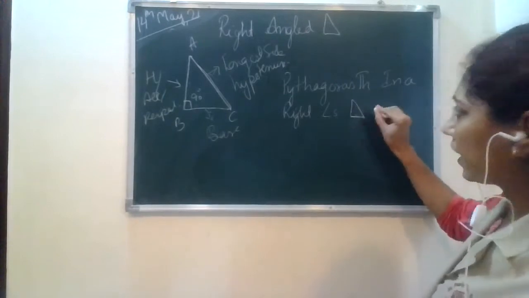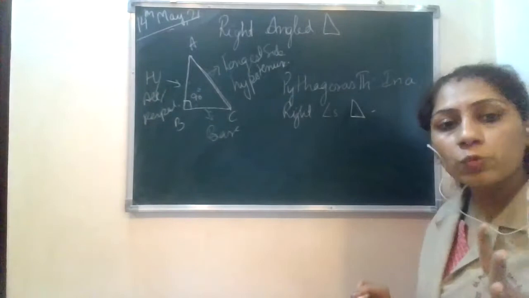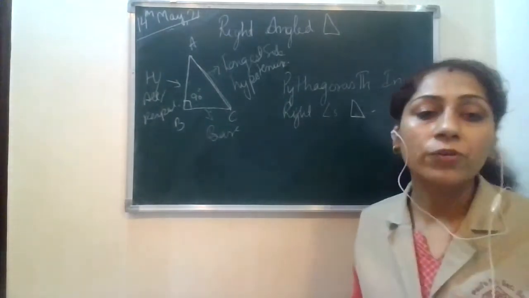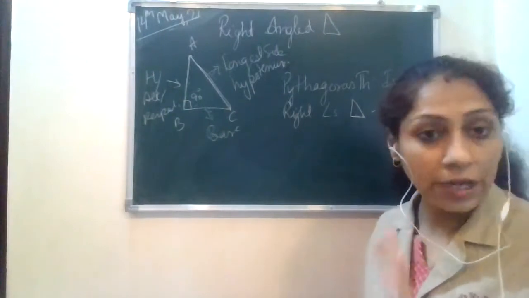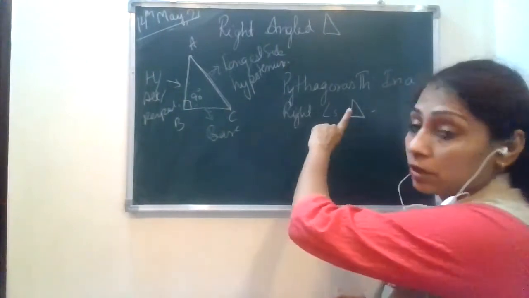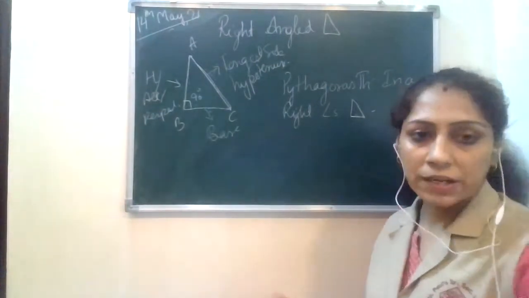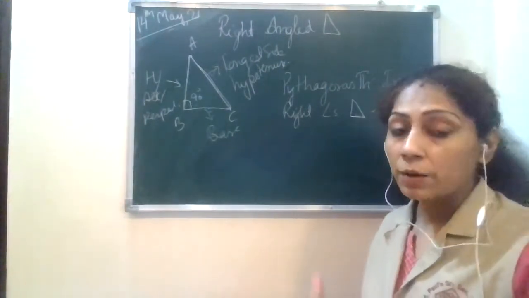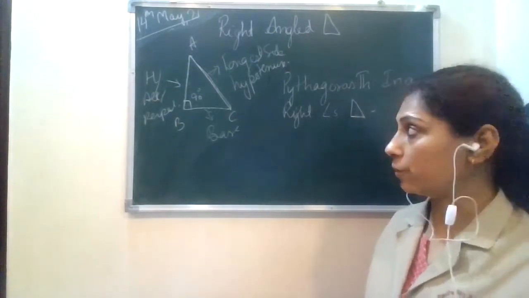Pythagoras was a Greek philosopher who discovered this property of triangles. The derivation, or you can say the proof of the theorem, you're going to study in your class 10th, right? But how it has been made, I'm going to tell you according to class 7th level.